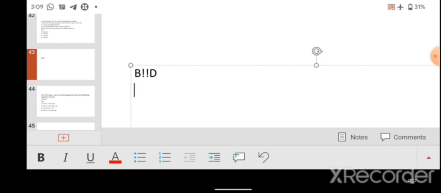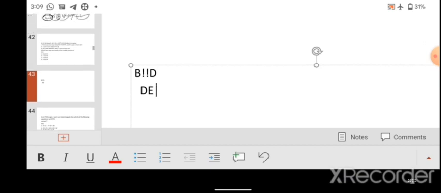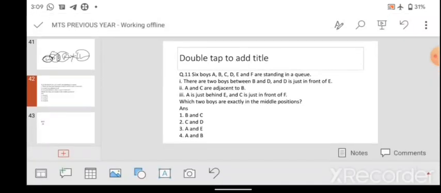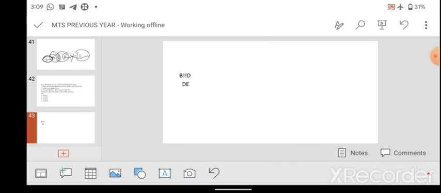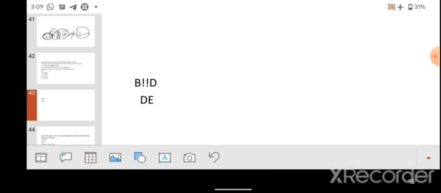And what is given? D is just in front of E. So you can write DE side by side. Also, it is given that A and C are adjacent to B. So A is adjacent to B and C is also adjacent to B, but we don't know the order.